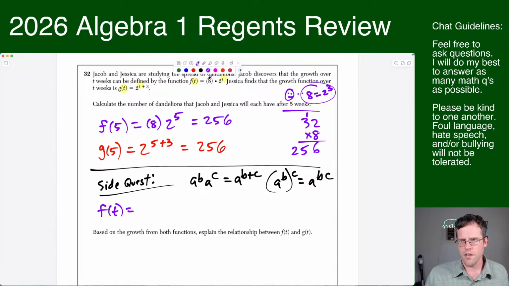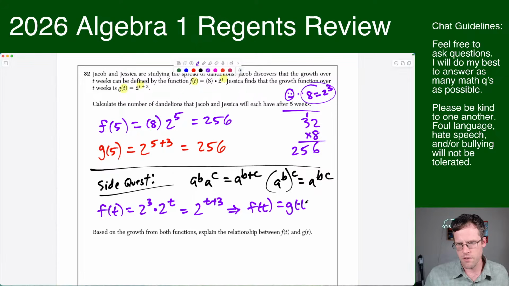So I could say 8 times 2 to the t is the same thing as 2 to the third power times 2 to the t. And then I use this addition property. This is 2 to the 3 plus t, or I could just say t plus 3. Which then tells us that f of t is equal to g of t. See how f of t could be rearranged algebraically and it works out to g of t.